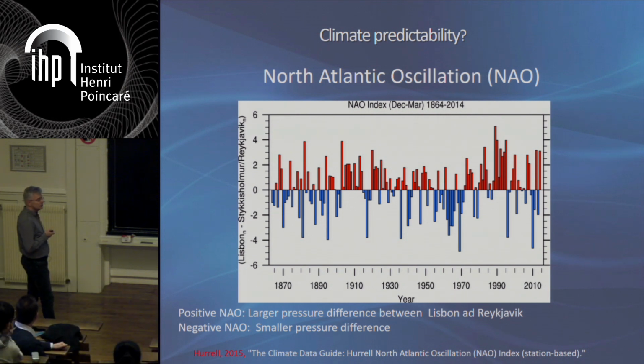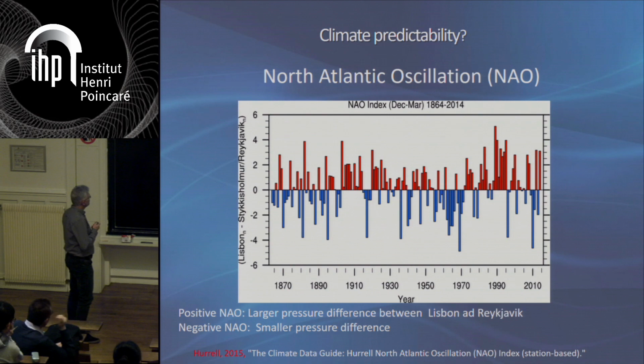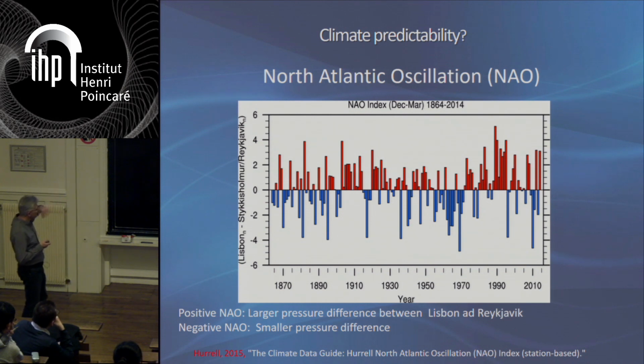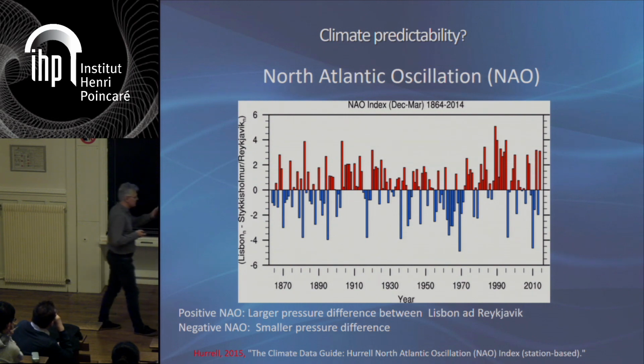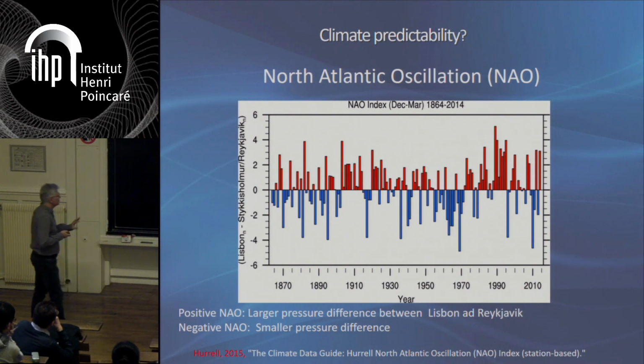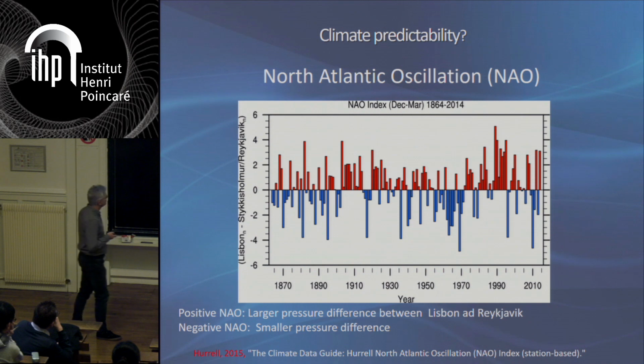What is interesting to note in this case, this is a quite long time series, as you can see, is that you have periods where you have quite low values, for example here, and periods during which we have quite high values. So you have a kind of decadal variability for this oscillation. And of course, we know other signals like ENSO, which is associated to the development of El Niño in the tropical Pacific, which is also another very interesting low frequency variability signal.